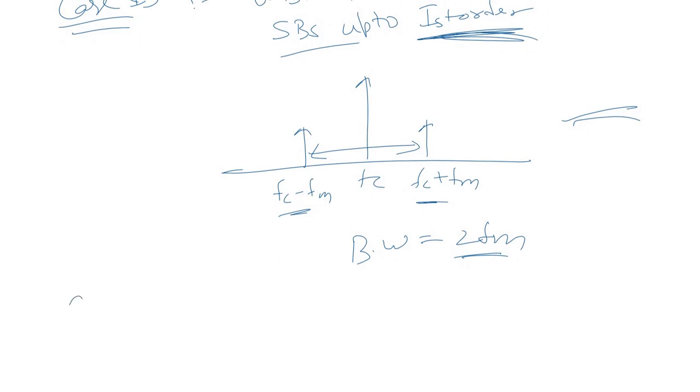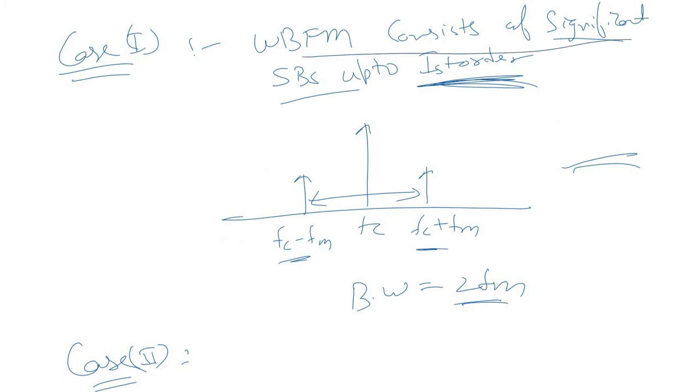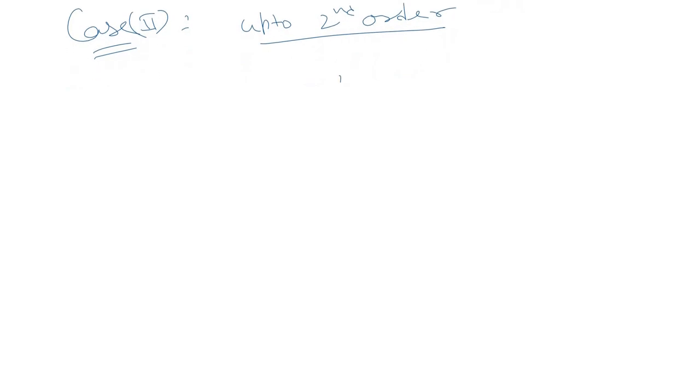Now let us have a look at case 2, which is wideband FM consisting of significant sidebands up to second order. In case 2, we assume that the significance of sidebands is till second order. In that case, what will be the spectrum?